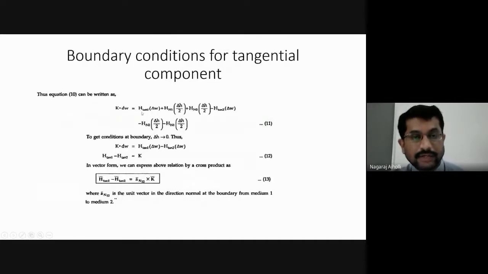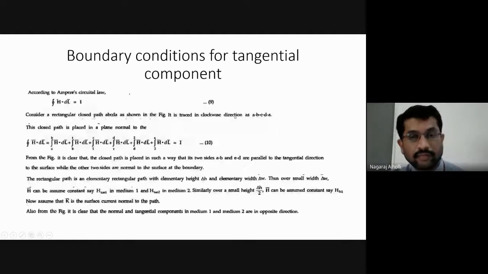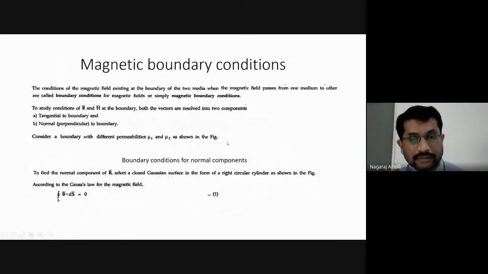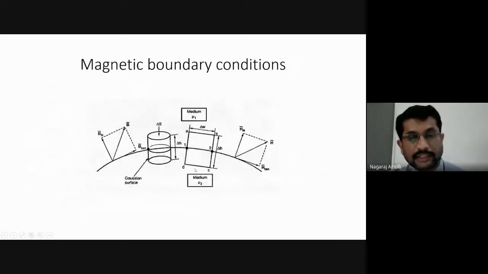That is H tan 1 delta W plus Hn1 delta H by 2, then 1 to C, it is Hn2 delta H by 2 in the second medium, minus H tan 2 delta W. C to D is minus H tan 2 delta W, the tangential component in the second medium.